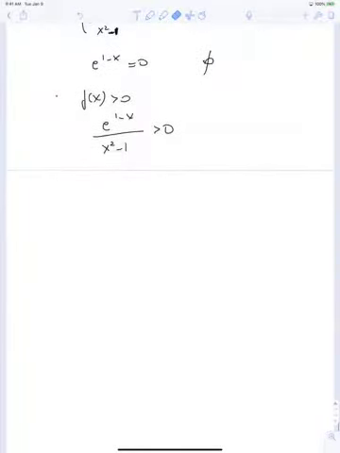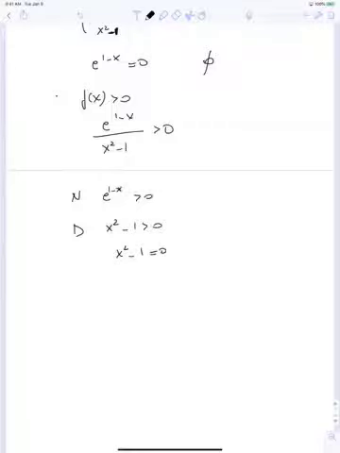So what happens here is that we want to study where this fraction is greater than 0. Well, we know that the numerator e power 1 minus x is always positive. Now we have to study the denominator, x squared minus 1 greater than 0. The associated equation is x squared minus 1 equal to 0, which means x equals plus or minus 1.